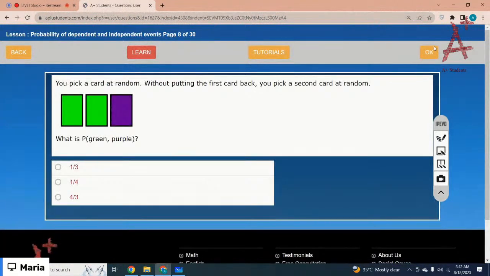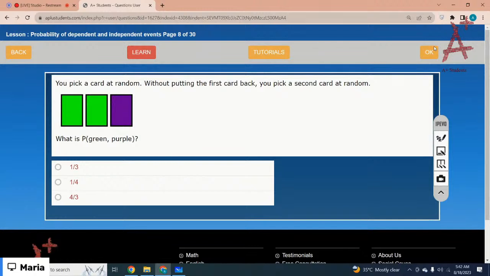Okay, you pick a card at random without putting the first card back. For the first time, the probability of green is 2 out of 3. And purple is 1 out of 2 without putting the first card back, right?